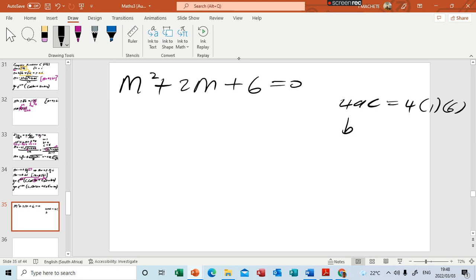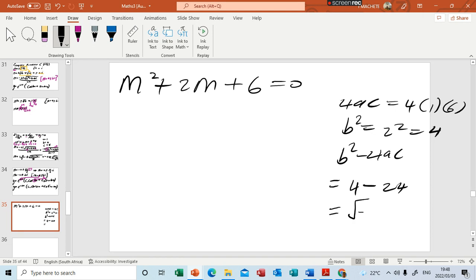Your B squared will be 2 squared, which is equals to 4. So you're going to have B squared minus 4AC. You say 4 minus 4 times 6. You're going to get 24. So you see there, you're going to get a negative square root of 20. And then you know the story. You know what to do from there.